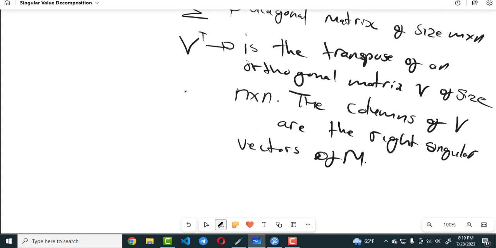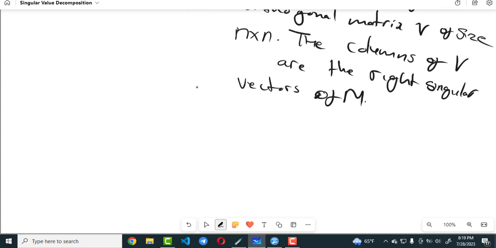So now we can see that the singular value decomposition allows us to express a matrix A as a combination of singular vectors and singular values. Let us take a look at a mathematical problem solving of a singular value decomposition.